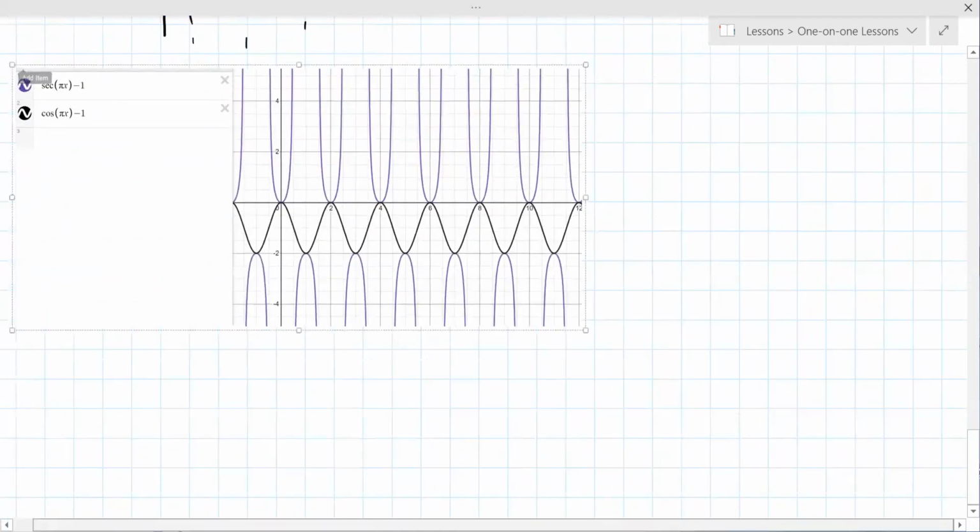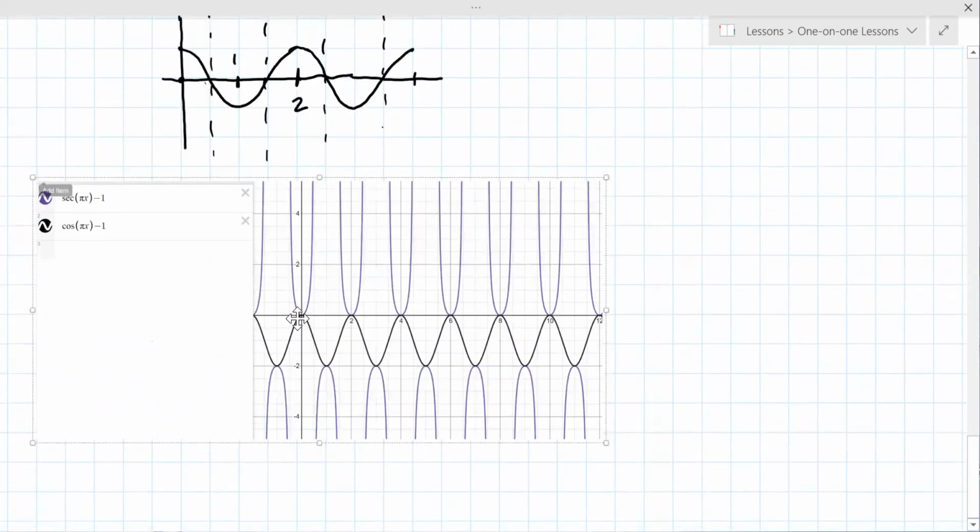You'll see here that the asymptotes are still where this is before you subtract 1. There's still an example of 1, but you have to move the cosine down to get where it hits. There are so many variations on this, but that is everything.